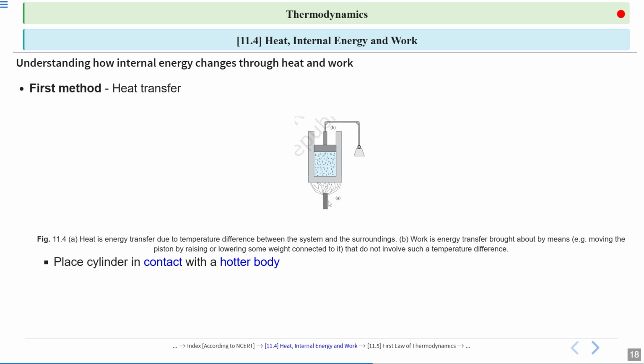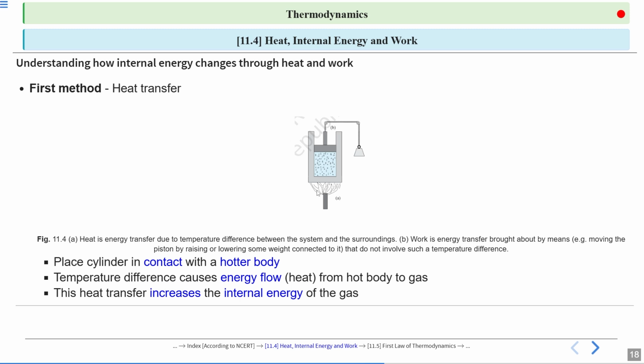This one is the hotter body and the cylinder is placed on it. Due to the temperature difference, the energy will flow from the hotter body to the colder body.